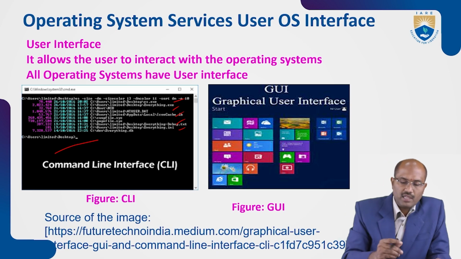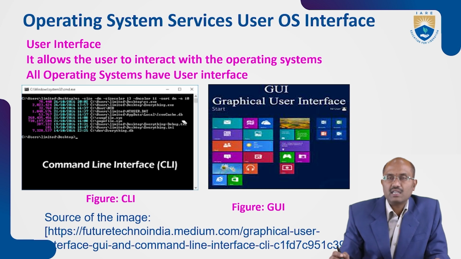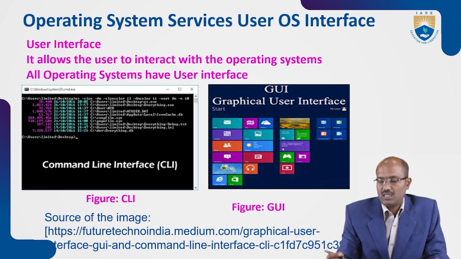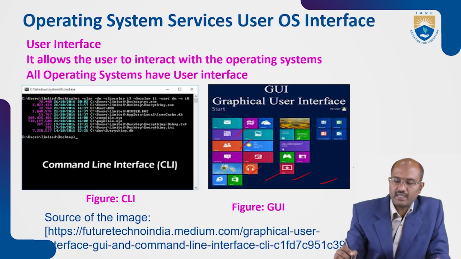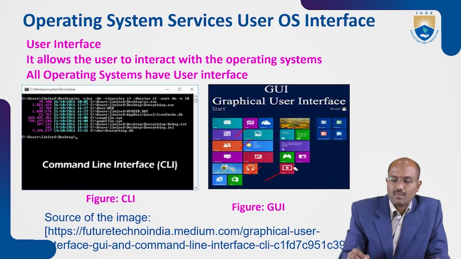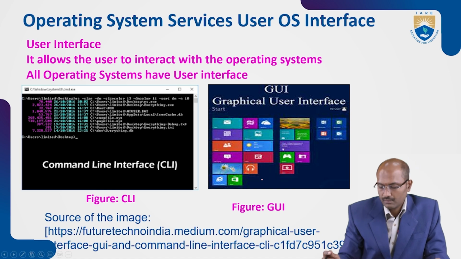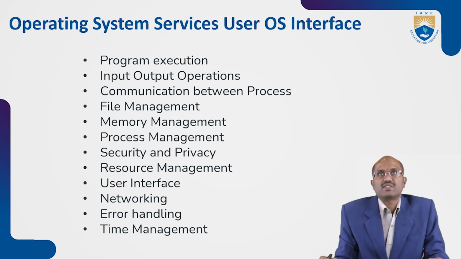Another one is the graphical user interface, where the graphics interact with the user. Okay, let us discuss what the operating system services are. Let me go through them one by one.